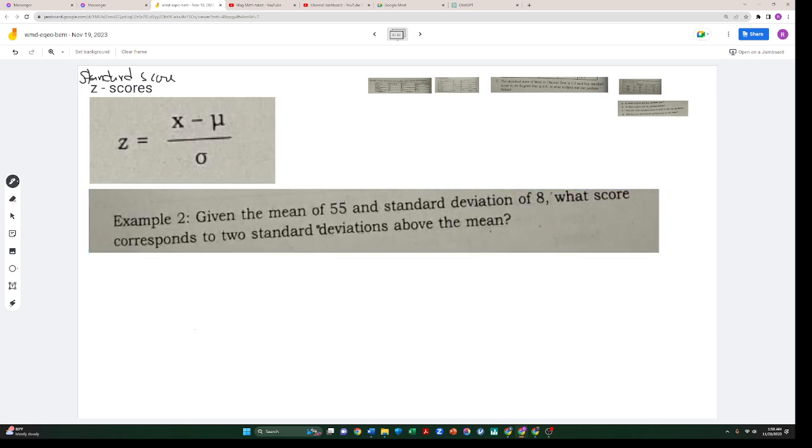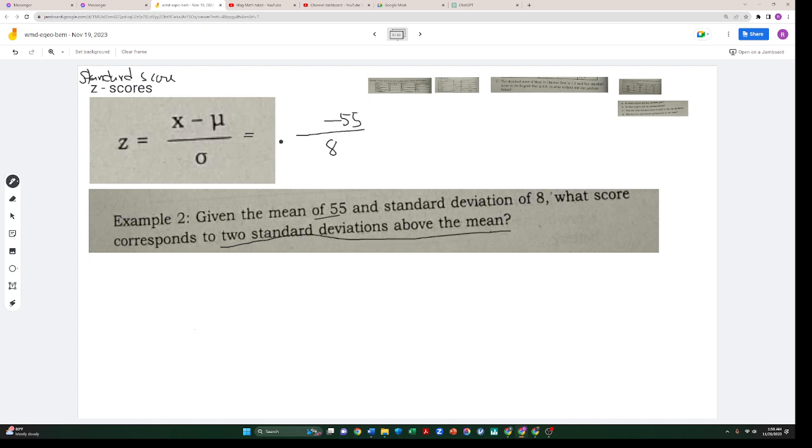Given the mean of 55, therefore your mean is 55, and the standard deviation is 8. What score corresponds to 2 standard deviations above the mean?